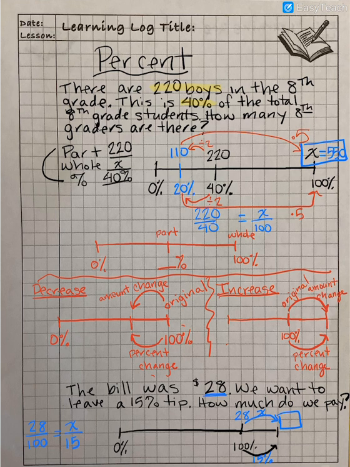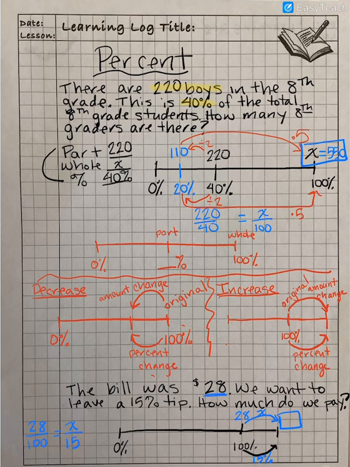Now, our tip isn't always going to be a whole number. A lot of times when we leave a tip, we leave dollars and cents. So to calculate this, we need to find what is 15% of that $28, right?